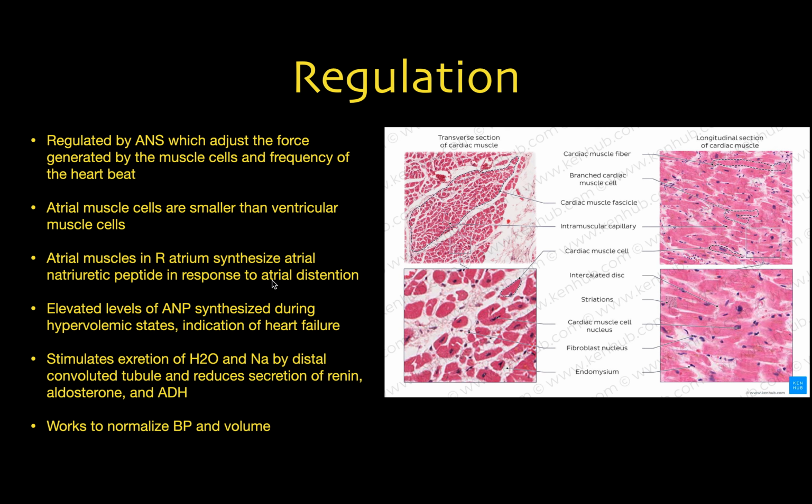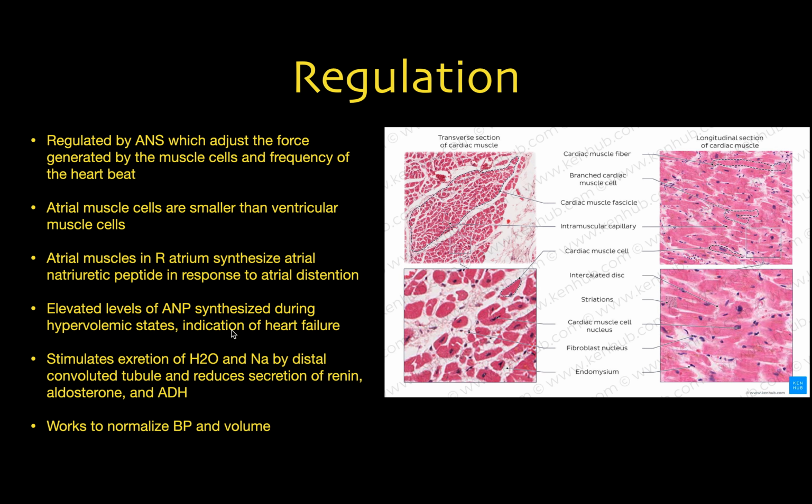So once it fills, it will secrete this. It's a peptide hormone, and elevated levels of ANP, the atrial natriuretic peptide, are synthesized during hypervolemic states, and this would be an indication of heart failure. This is a pretty important indication of heart failure.